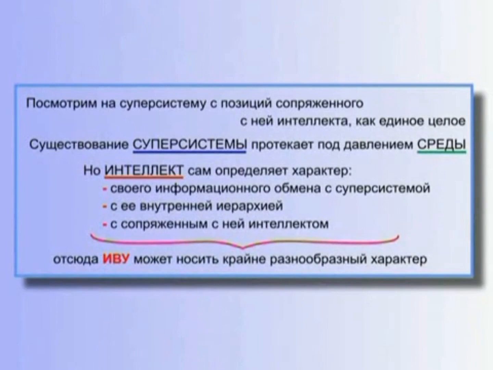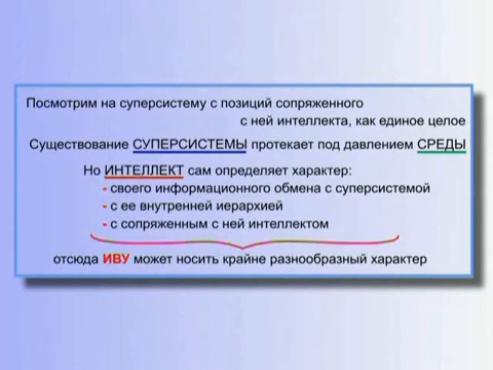That is, whether we want it or not, the environment exerts pressure on us, on human society, if we speak and consider it, and we have agreed precisely on this. But intelligence itself determines the nature of its information exchange with the supersystem, with its internal hierarchy, and with the intelligence associated with it. That is, intelligence determines itself.